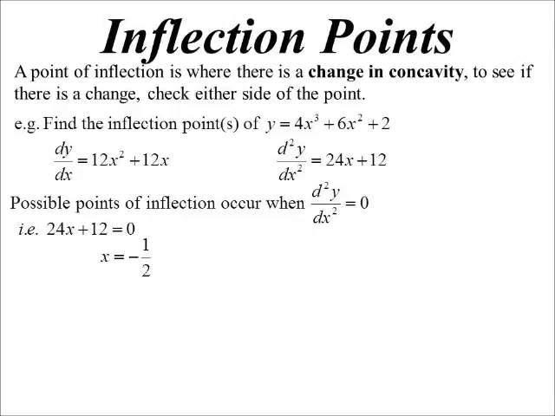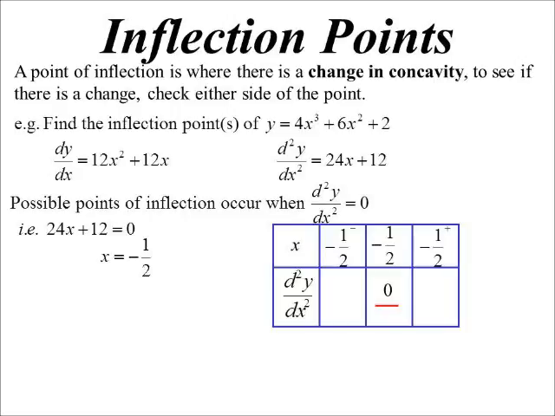So let's draw a table of values, but this time I'm going to be looking at the concavity of the curve. At minus a half, I know there is no concavity at all. That's where it changes concavity. Pick a point on the left-hand side, pick a point on the right-hand side, just like I did when we were working out maximum and minimums using the first derivative.